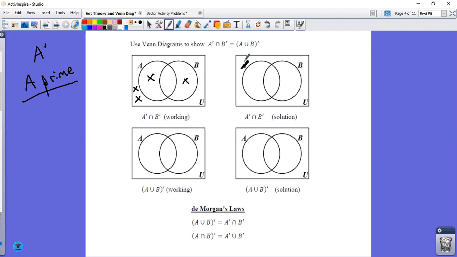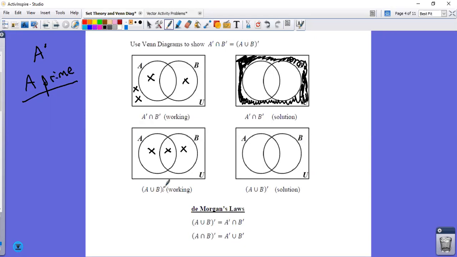So that is all of that. So for this one, A union B is here, here, here.